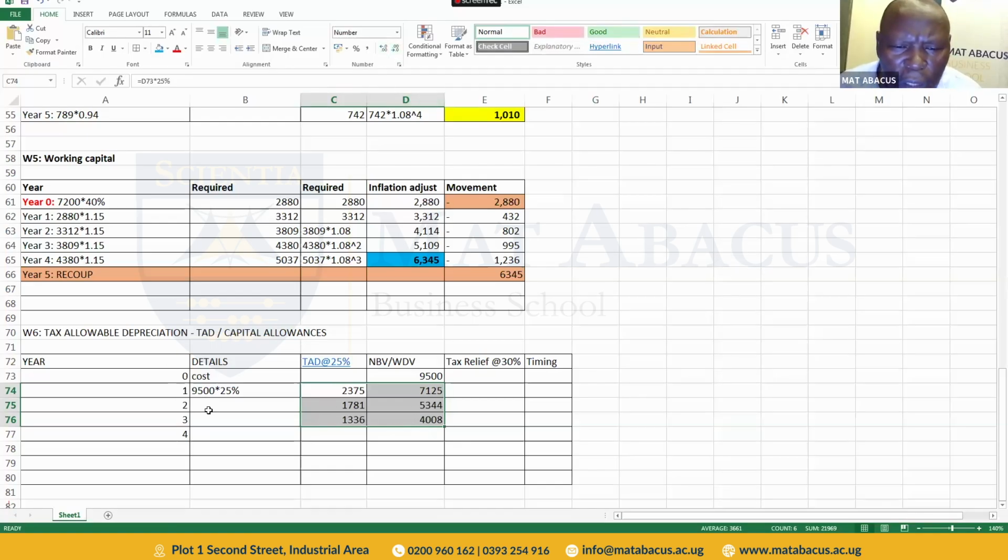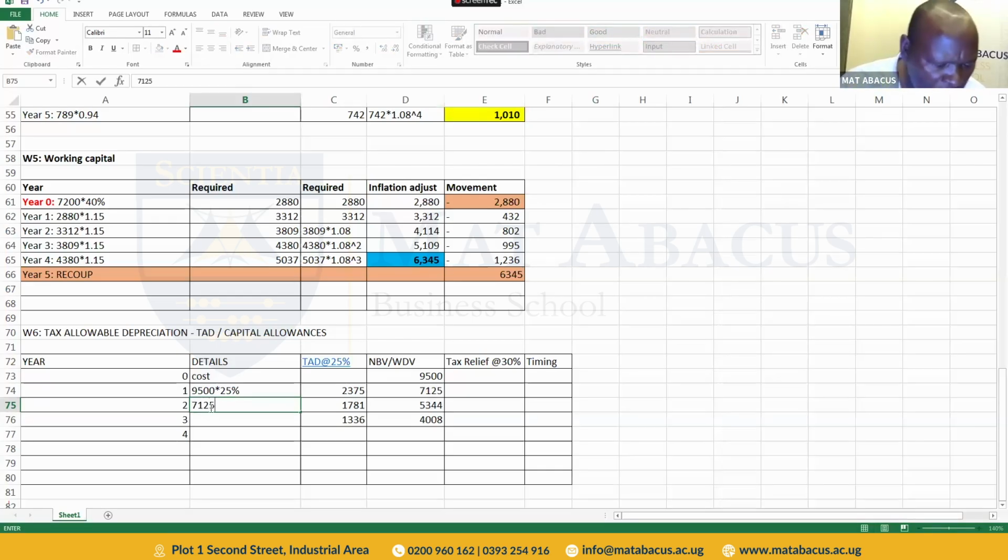In year 2, the way we do it at MAT Abacus, you will get 71.25. Multiply it by 25% and you get the 17, and the balance will be that. And in year 3, we shall get the 5344. When you multiply it by 25%, you get that.